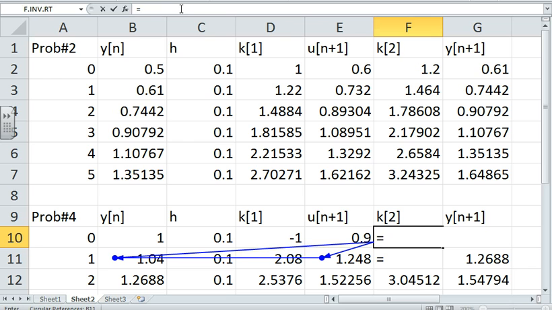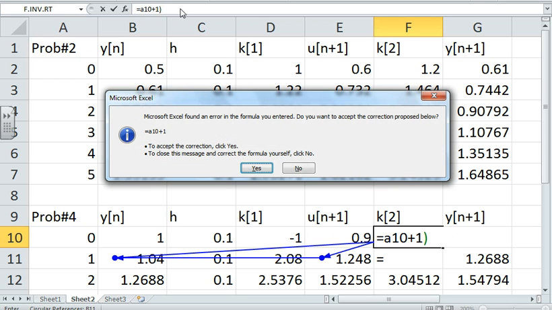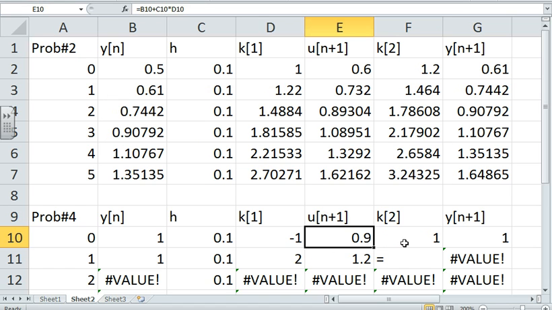K2 is x of n plus 1. Okay, so we'll go with A10 plus 1 times power. We're trying to do K2.